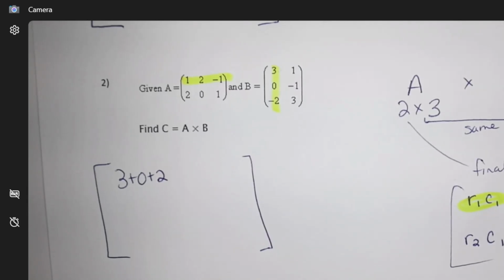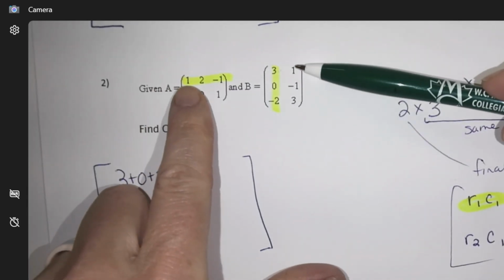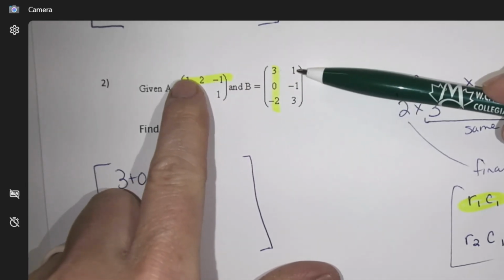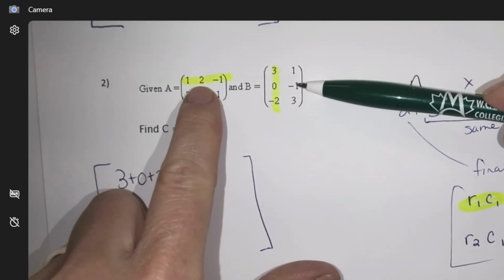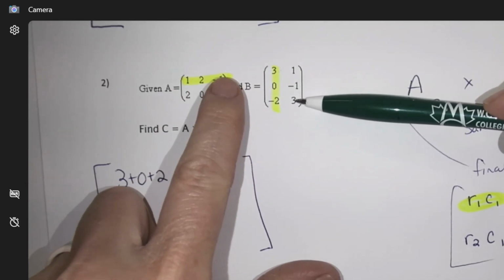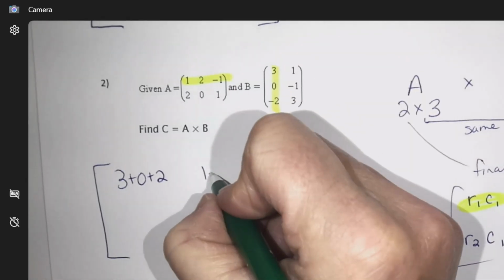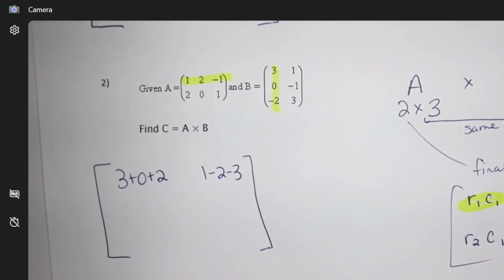Okay, so then here says I'm going to go row 1 and column 2. So I got to match, match, match. So 1, negative 2, negative 3. Okay, can you do the last 2 matchups on your own? So obviously if you're not getting a perfect match, something's going wrong, right?